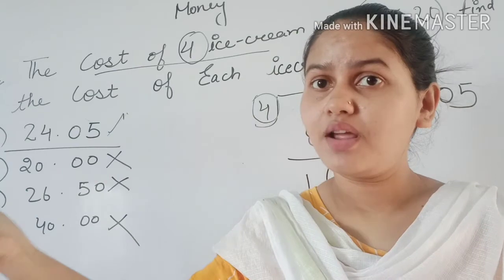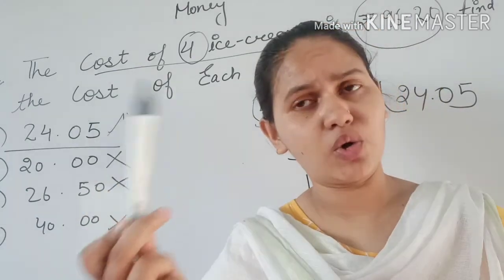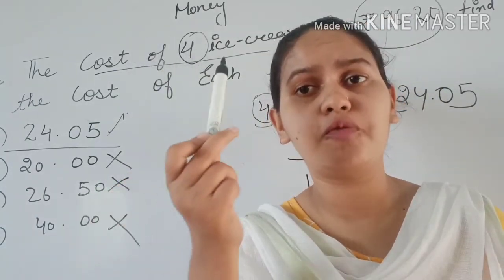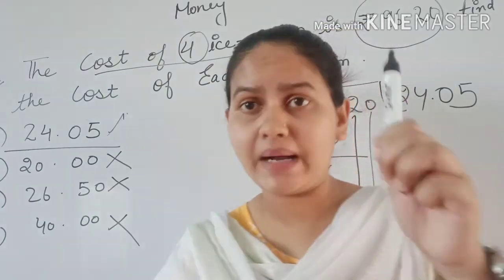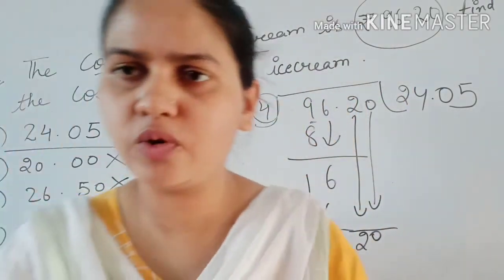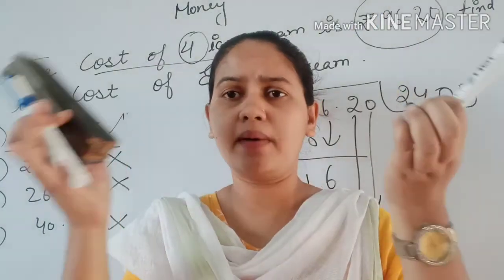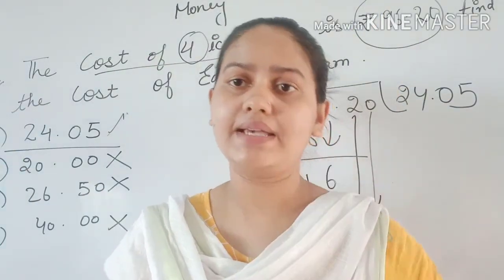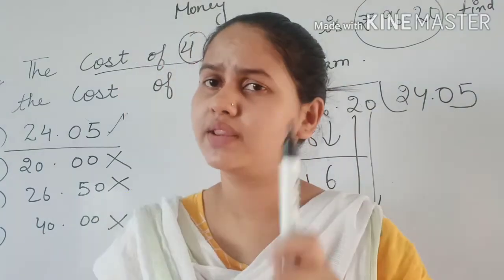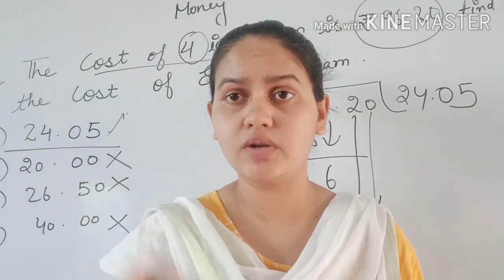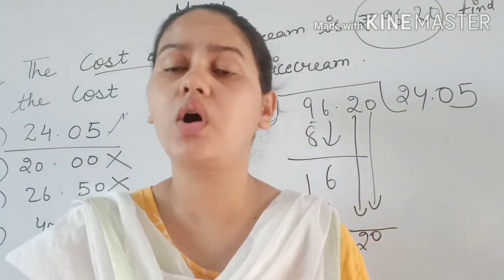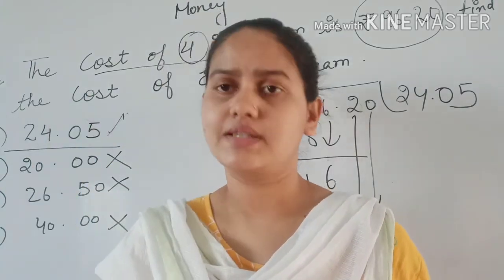In division, we have to find the cost of one, the unit of one thing, and in multiplication we have to find so many things. In division we have to find only one thing. This is the equation you have to remember while doing sums like this.